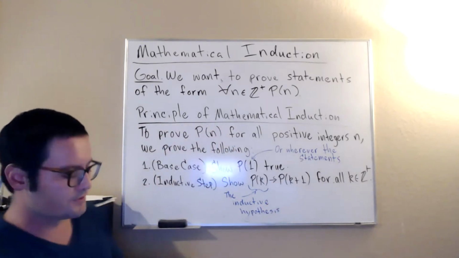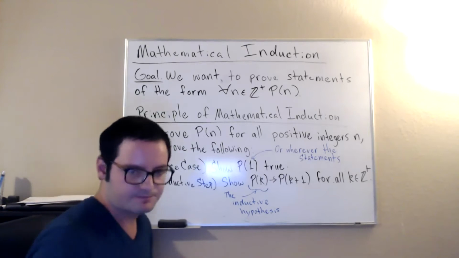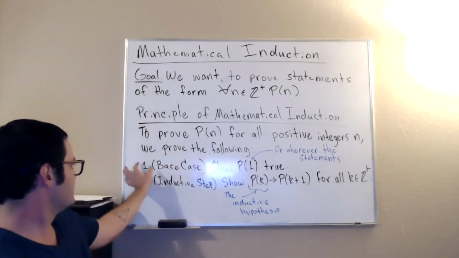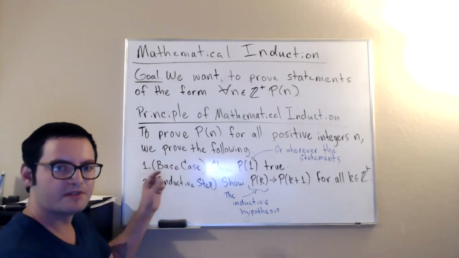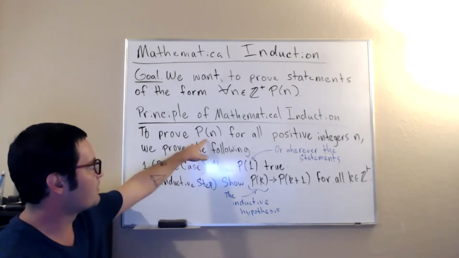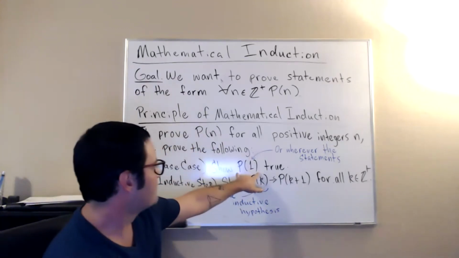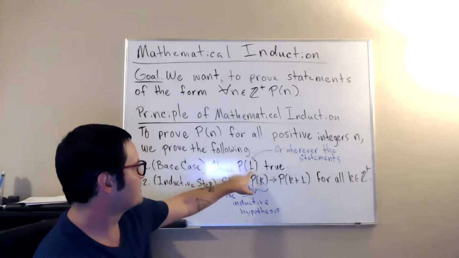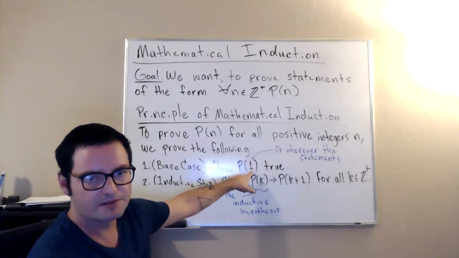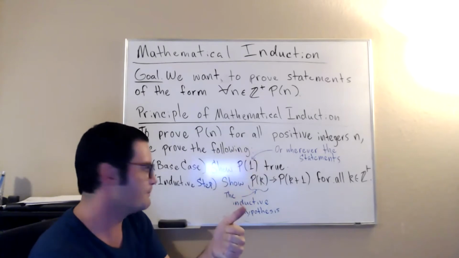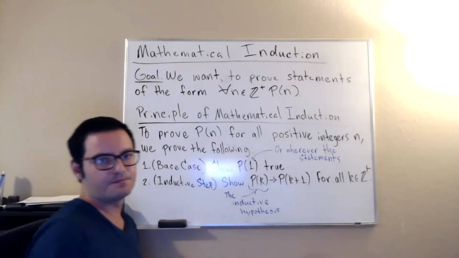Okay, so why would this make sense? Well, these two steps are separate, but together they show that it's true for all n. If you show that the very first positive integer you plug into the statement is true, that's part one, your base case.